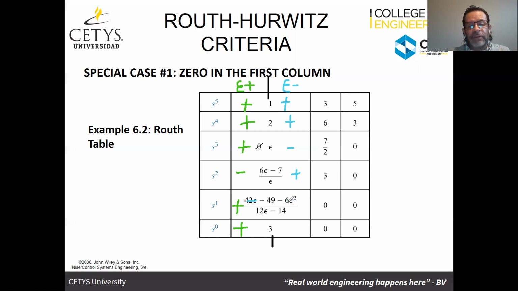Negative, negative, negative. Everything in the numerator is going to be negative. Then 12 times epsilon, a small negative number, times 12, is going to be negative. Minus 14, then this whole denominator is going to be negative. Negative times negative is going to be positive.